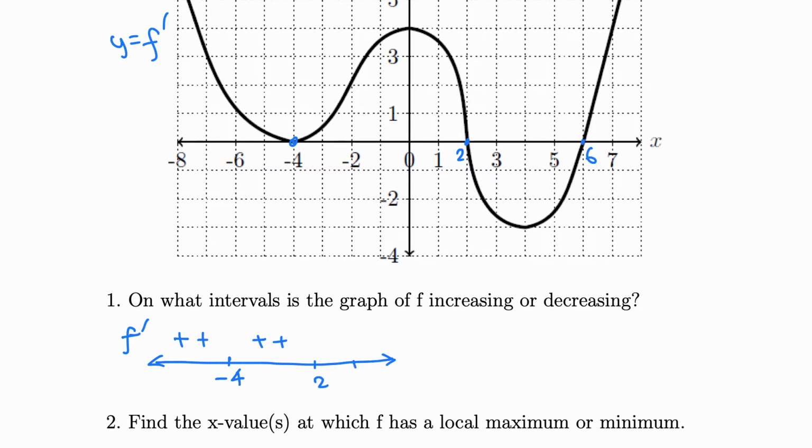So let me make the graph longer to include this 6; it does not have to be exact. At 6 the derivative is 0, but in between 2 and 6 the graph is below the x-axis, that means negative. Past 6, all the way, it's positive.